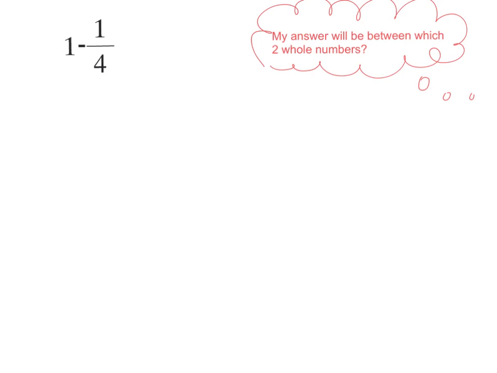The first thing I want you to think about is when we have 1 minus 1/4, what two whole numbers will our answer be between? Arun? 0 and 1. Very good. So when we draw our number line, we want to make sure we have 0 and 1, don't we? Okay, so in this case, do we start off at 0 or do we start off at 1? Looking at this math problem, we start at 1. And when I subtract, am I going to move towards the left or towards the right?